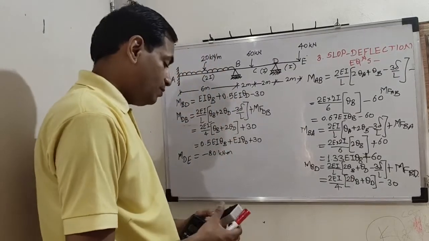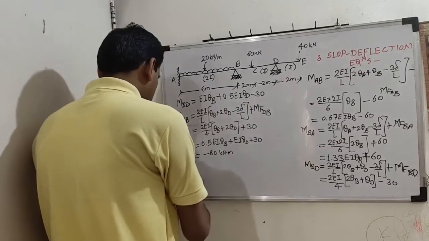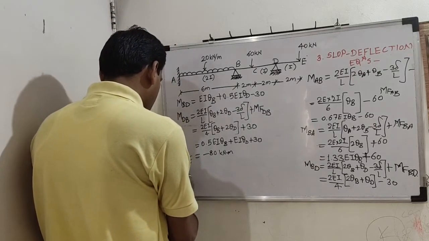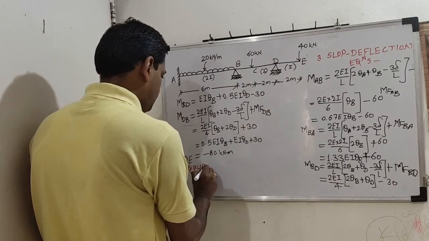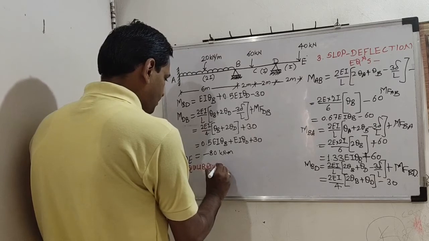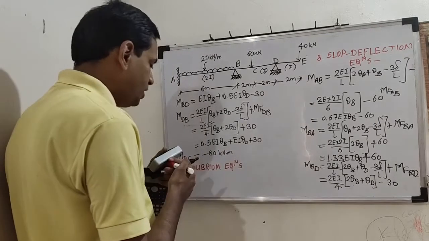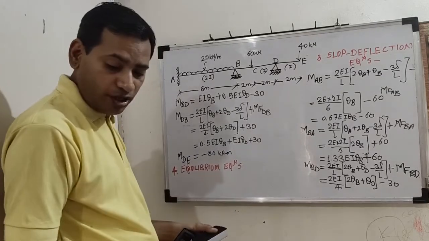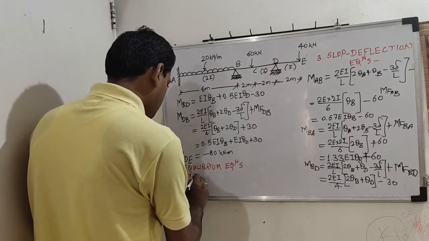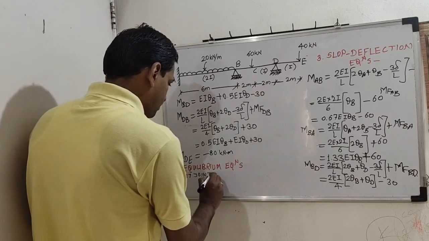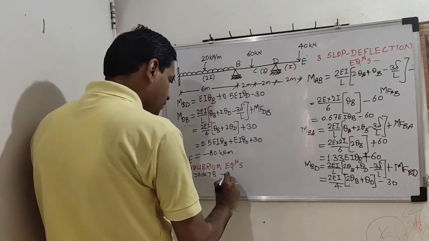Now come to step number 4. Equilibrium equations. What are the equilibrium equations? One is on joint B. So at joint B, we have MBA plus MBD is equal to 0.